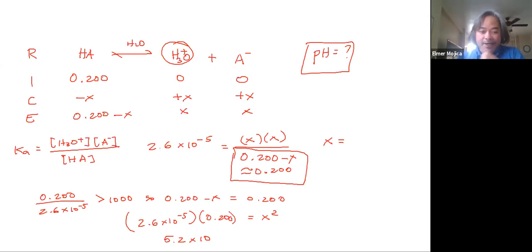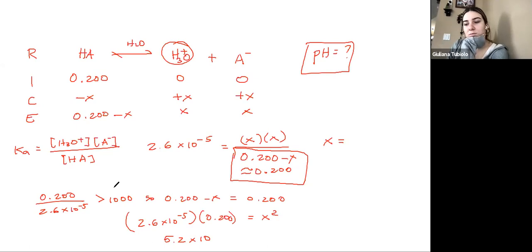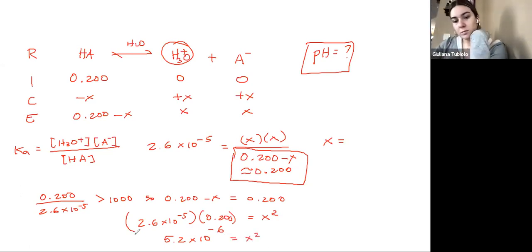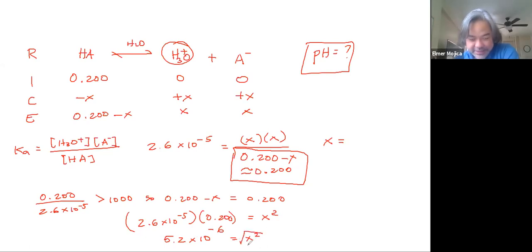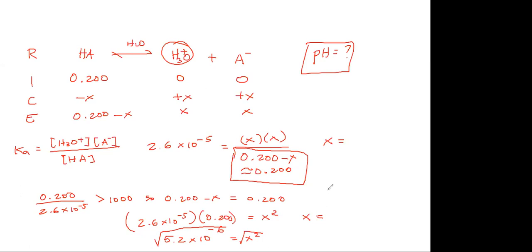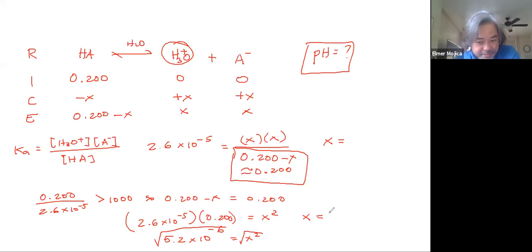Okay. So you have 5.2 times 10 to the negative 6. Is it negative 6? Okay. So this is x squared. To remove the x squared there, you get the square root of both sides, and you get x equals what?